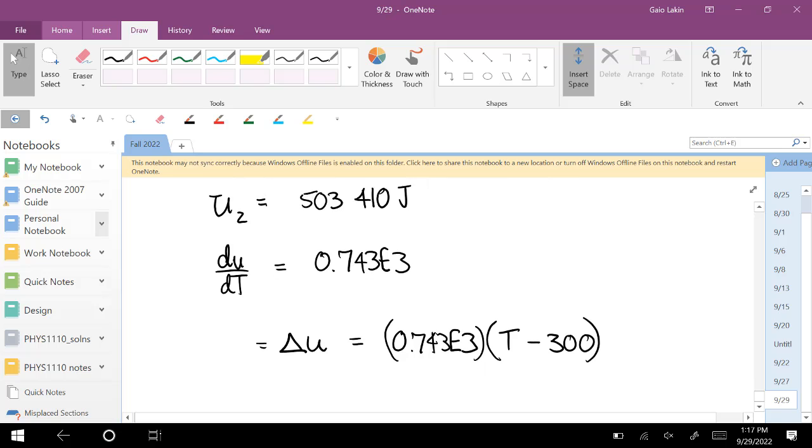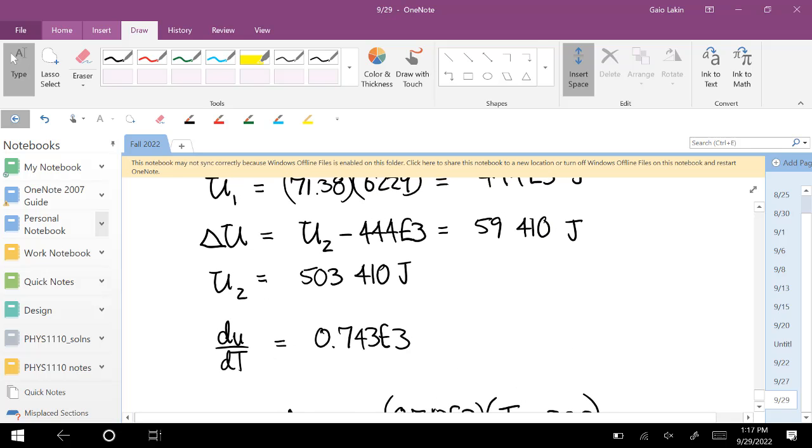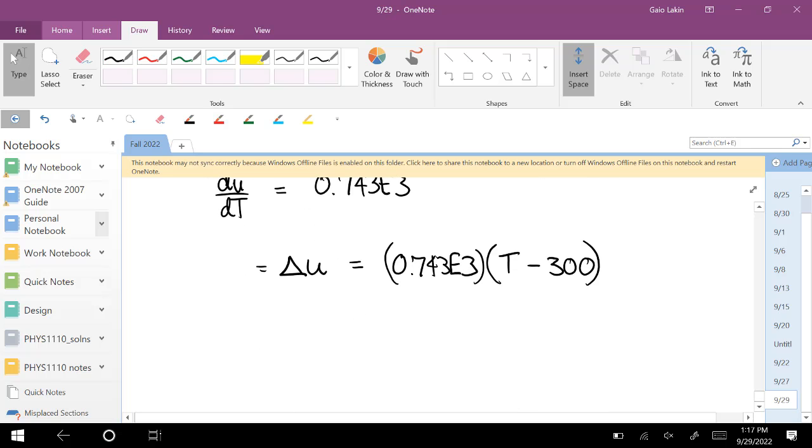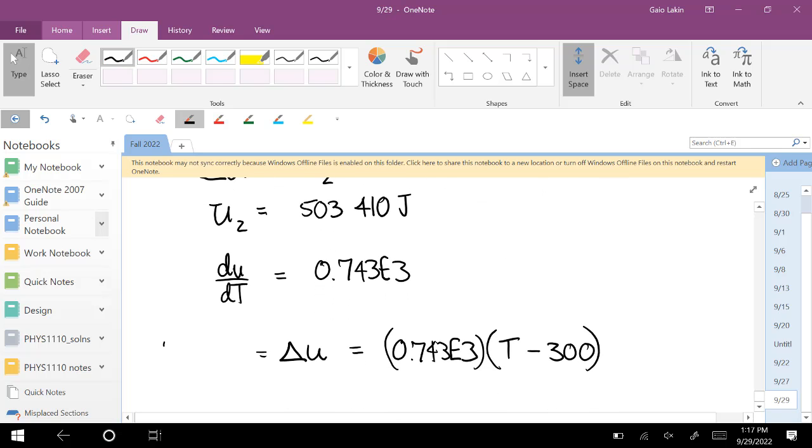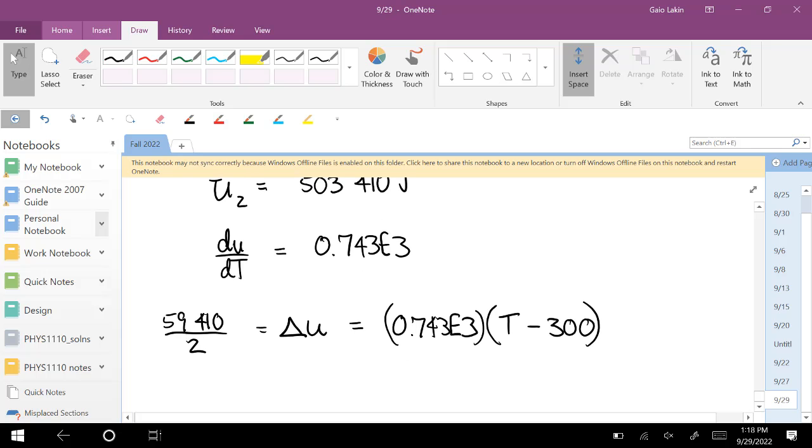So what do we have? The change in total internal energy is this. If we divide that by 2, so 59,410 divided by 2, because it's 2 kilograms. And can someone calculate T for me? So this is T2.